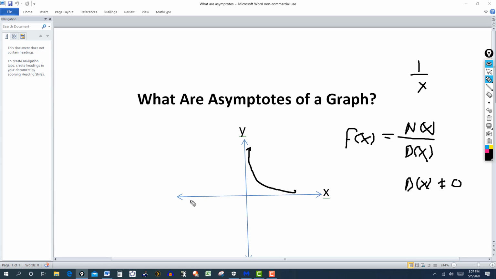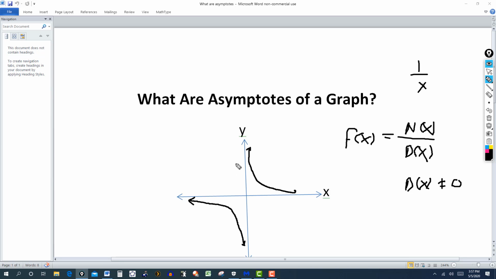I'm drawing a graph that approaches the y-axis from the right, going up, getting closer and closer, but not touching, and approaches it from the left, coming down this way, getting closer and closer, but not touching. And then we have the graph coming down here, approaching the x-axis, closer and closer, but not touching, and then over here on this side.